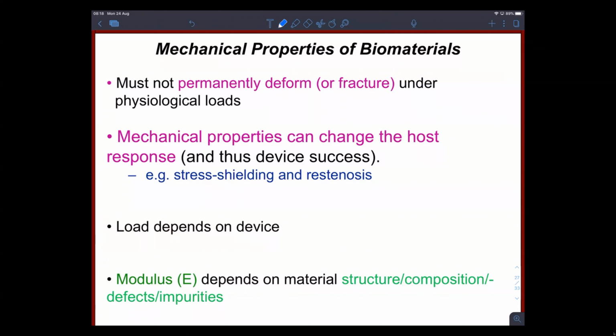So the load really depends on the device. Obviously, if we're having an implant in the leg, that's going to take more load than an artery load. So that's important for defining the properties of the material they need, and obviously modulus is in there. So the modulus will be dependent on the material's ability, the material structure, composition, the defects and the impurities in there.